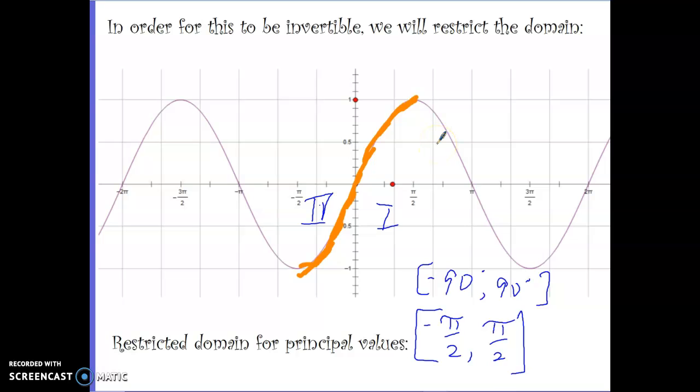That's how I know this is not a function, because my one x value of 1/2 would map to two different y values, one in the first quadrant, one in the second quadrant. But now with my restriction, if I ask for the inverse sine of 1/2, I'm only going to get one value because I only have one positive quadrant and one negative quadrant. So my inverse in this case is going to be a function.